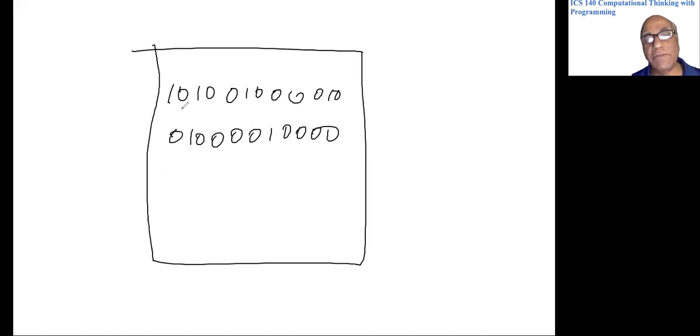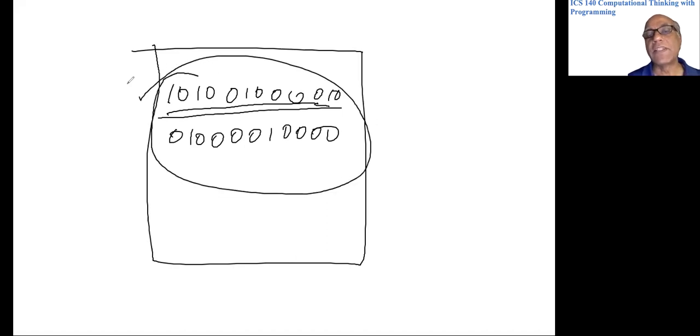So we have to somehow interpret this sequence of bits as a piece of text. There is no escape from that. For that, let's first assume that we are told that this bunch of bits is actually text. Then how do you figure out what it is?